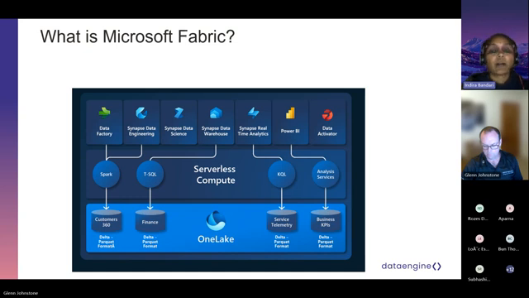So I think this is a very good solution if you are just starting your data journey. You must think of Fabric as one of the options, so that you can scale up.